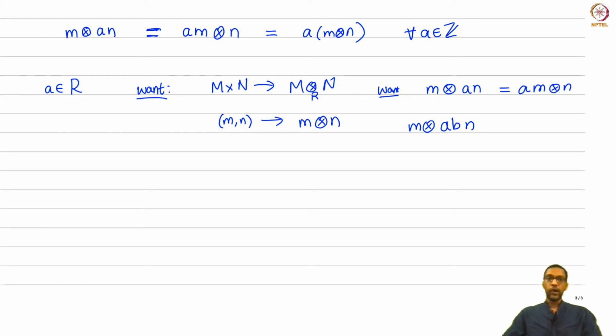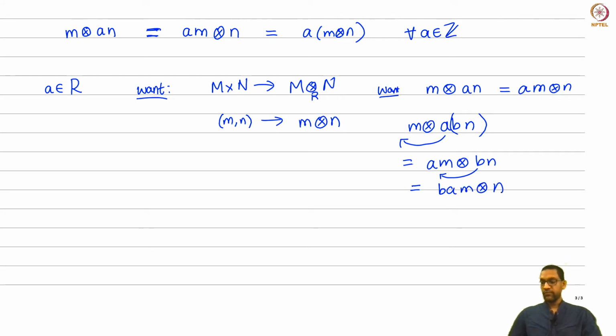Now the point is, suppose I want this to be true, but imagine what would happen if you multiplied N by a product of two scalars, okay. Then this wish list, the thing that we want to be true, will imply the following. First, I can push the A out, okay, because AB of N is just A acting on BN. So this will just give me AM tensor BN, and again I can do the same thing. I will get BAM tensor N, okay.